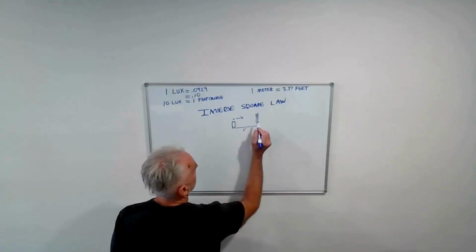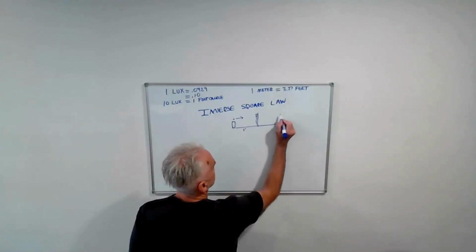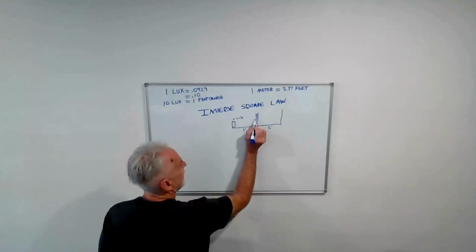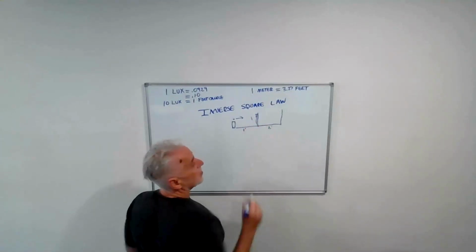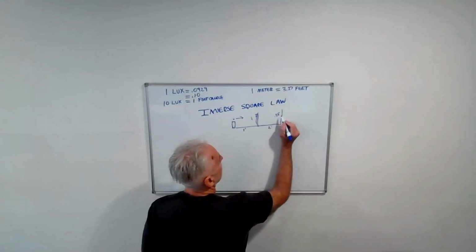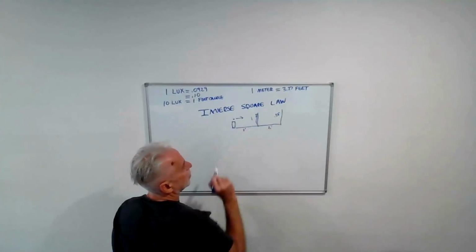Well, every time we double that distance, so now if I go out 2 feet, the amount of light that I have here, if it was 1, is reduced down to 25%. So now I have 25% of what I had at 1 foot away.